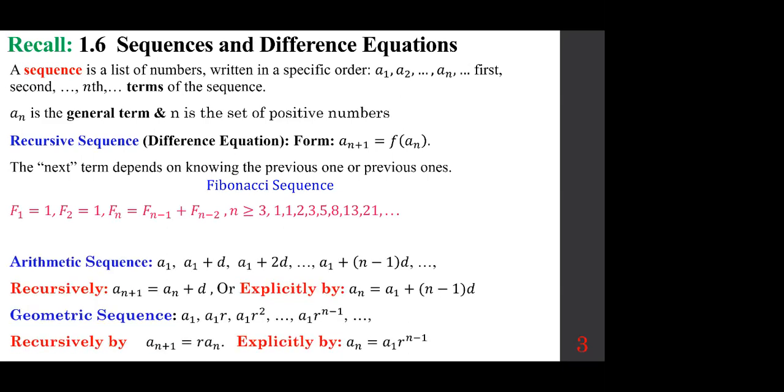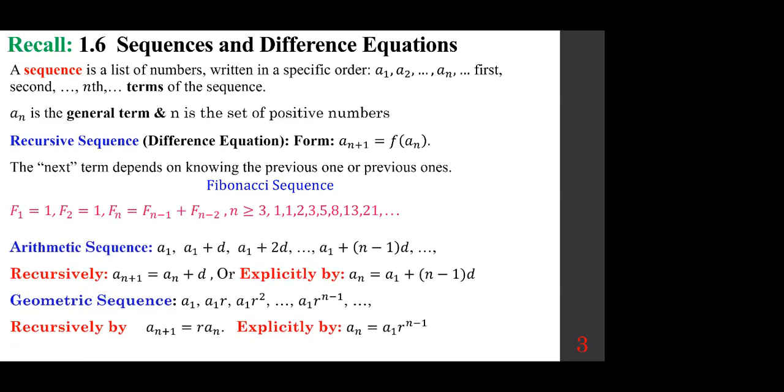As far as an arithmetic sequence, if you recall, we just add a constant, d, and recursively, a sub n plus 1 is the previous one plus d. Explicitly, a sub n equals a sub 1 plus n minus 1 times d.